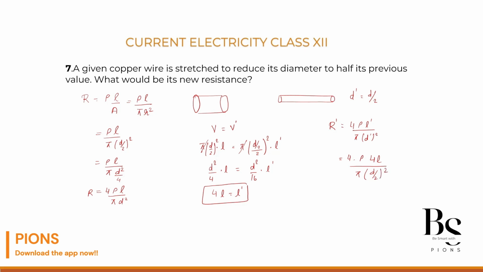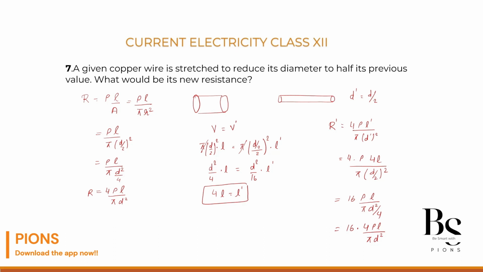So this will give us 4 and 4, 16. Let's write here 16 rho L upon pi D square by 4. I take this 4 on the top, so it will be 16 into 4 rho L upon pi D square, correct? I have not multiplied this 4 with 16.